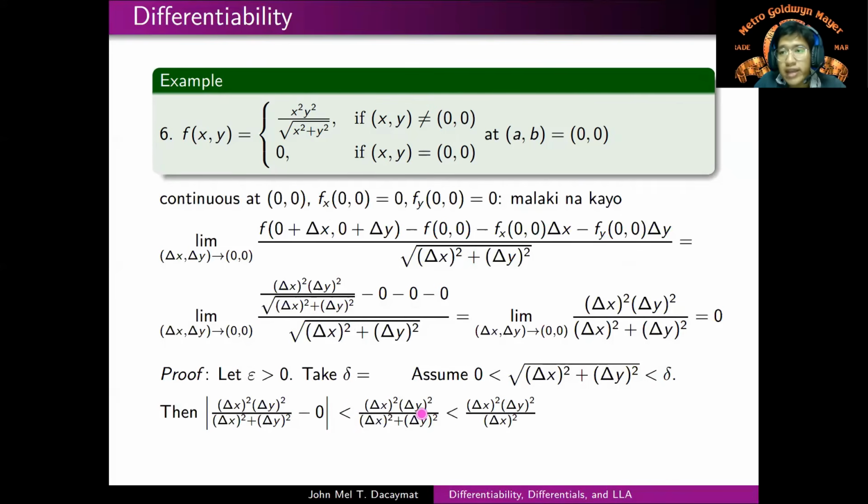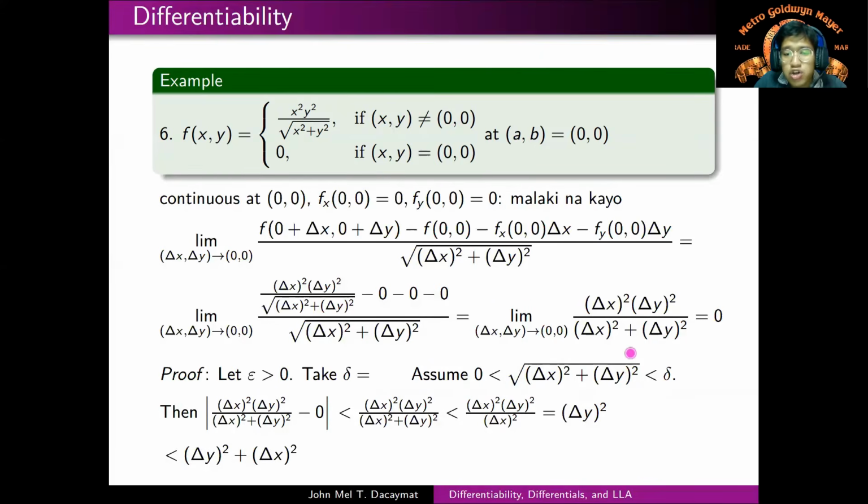Tinanggalan ko ng delta y squared sa ilalim, liliit yung value ng denominator, so lalaki yung kanyang value. I can cancel delta x squared, delta y squared, ang matitira, no? Na definitely mas maliit pag sinamahan ko siya ng delta x squared, no? But ito po is just square root of delta x squared plus delta y squared, na naka-square root.